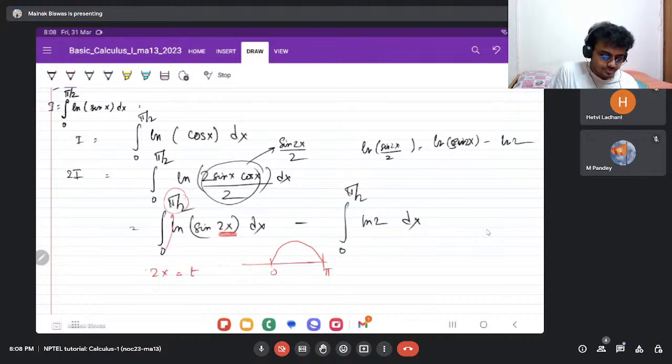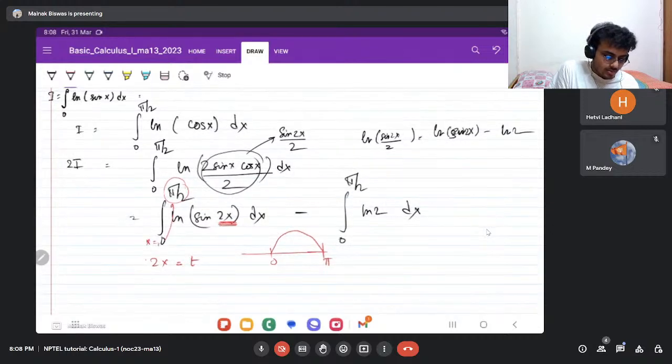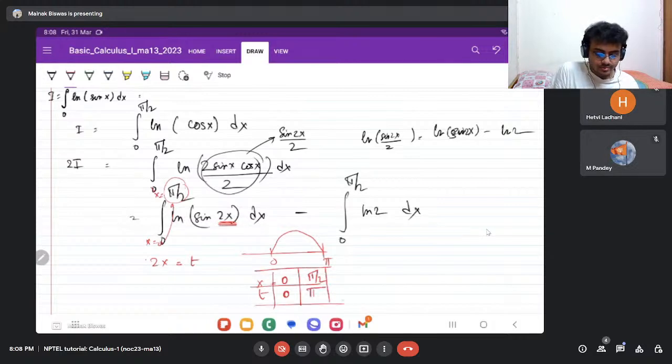Agreed? Yes, sir. So see, I make a chart like this. When x is equal to 0, your t is equal to 0. When x is equal to pi by 2, your t is equal to pi, right? Yes, sir.